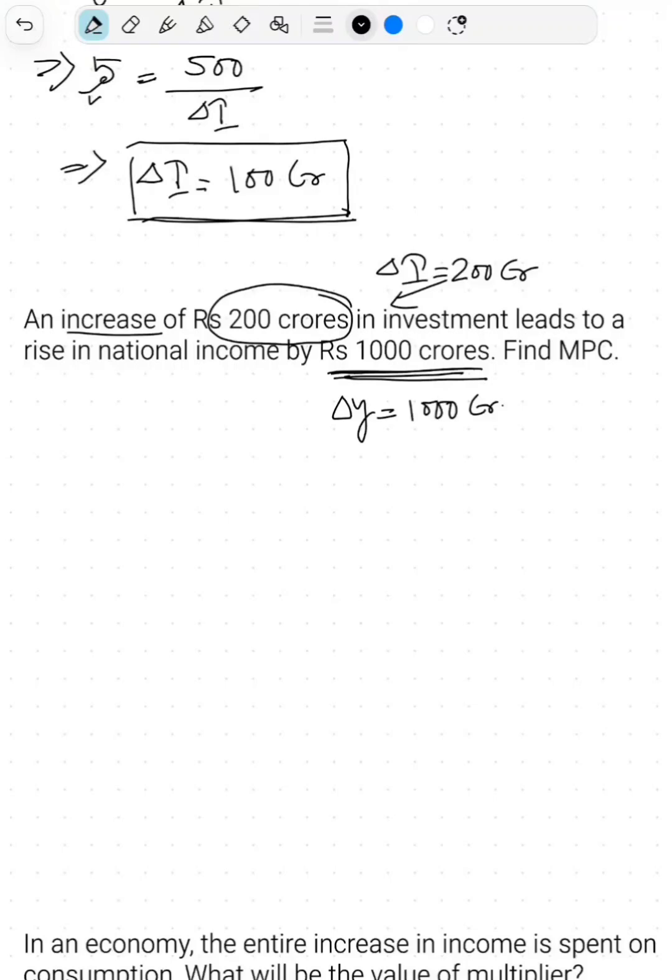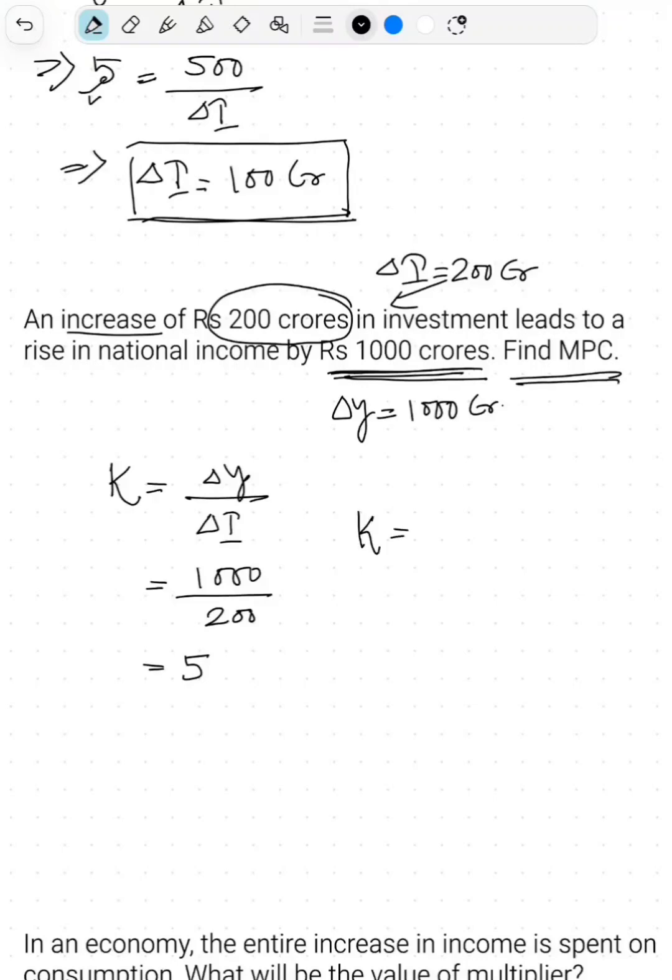So first we can find the multiplier. K is equal to change in Y divided by change in I. It is 1000 divided by 200. So the multiplier is 5. Now next, the question says find MPC. So we know K is equal to 1 divided by 1 minus MPC.